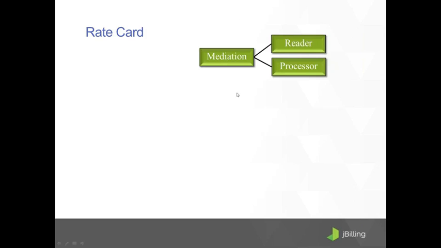When we talk about mediation, you'll see that there are plugins involved in creating a mediation process. When we run mediation, a purchase order is created. So CDRs are processed in jBilling either in real time or a batch process. jBilling's job is to translate those CDRs into billable information.